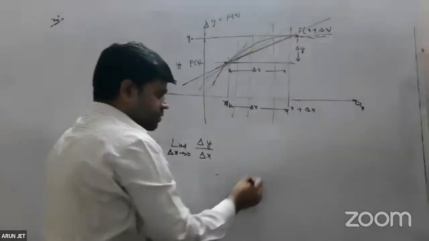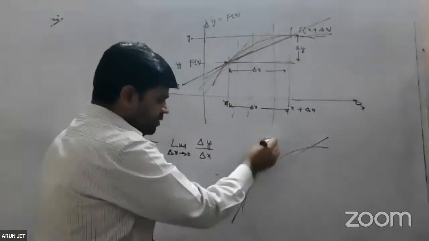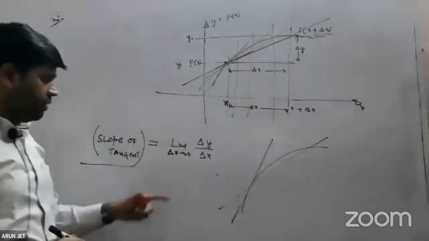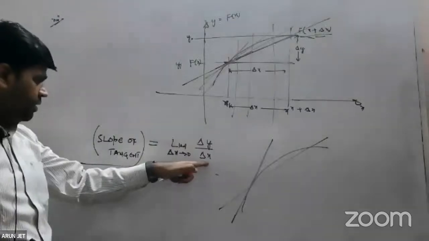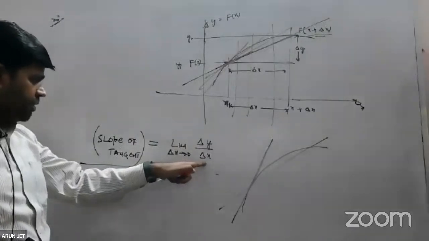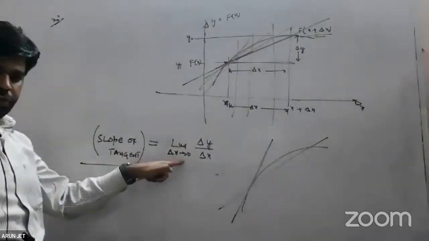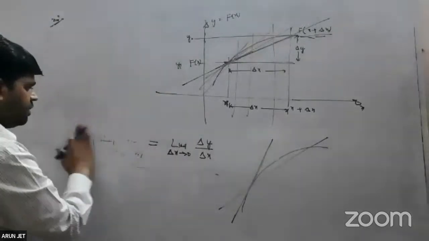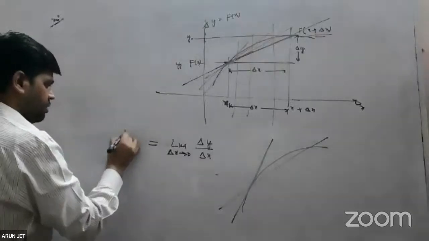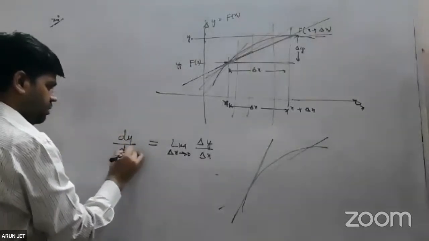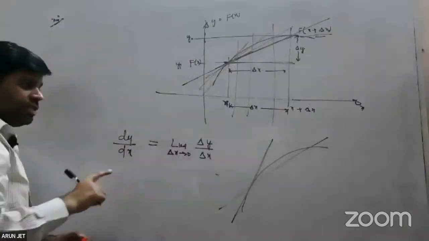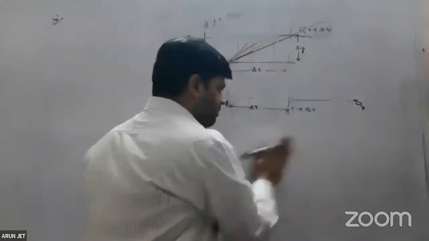At that time, the chord of this curve becomes tangent to the curve. This chord became the tangent. So the slope of the chord turns into the slope of the tangent as delta x tends to 0. This slope of the tangent is represented by this, which is read not as dy by dx, but as dy dx.